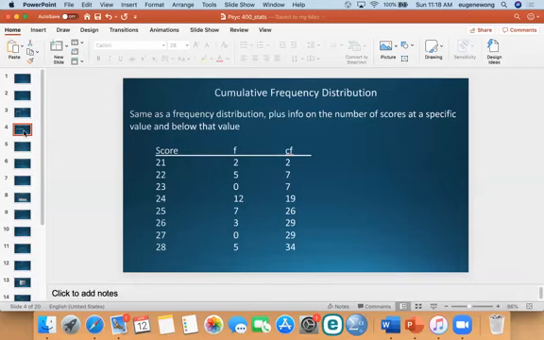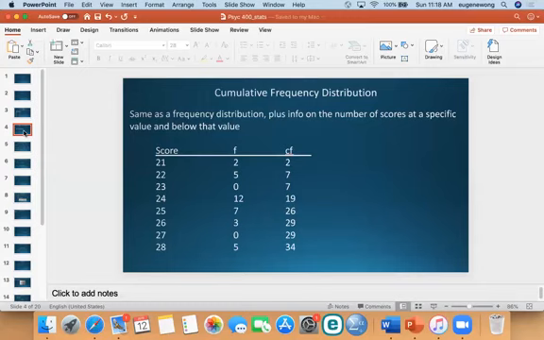So that's a cumulative frequency distribution. Now, what's important about this cumulative frequency distribution is that it starts giving you a sense of how the scores sort of lay out. For example, we know that there's 34 total scores in this particular set of numbers.